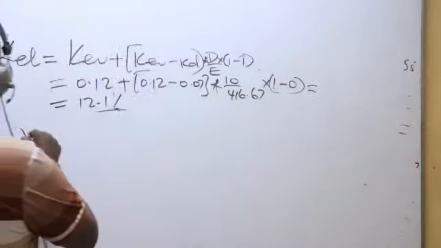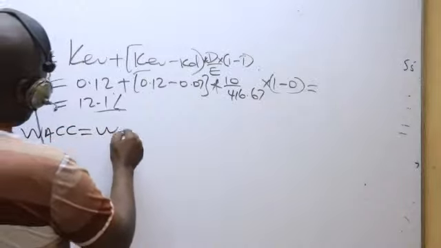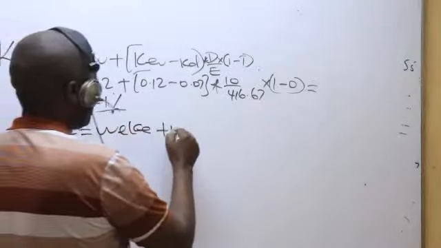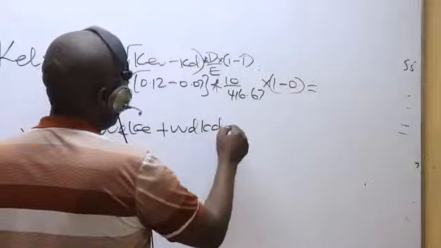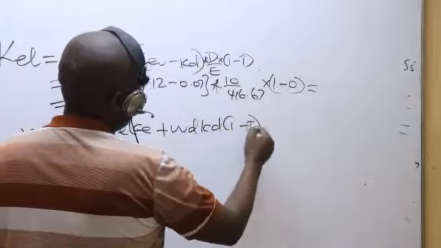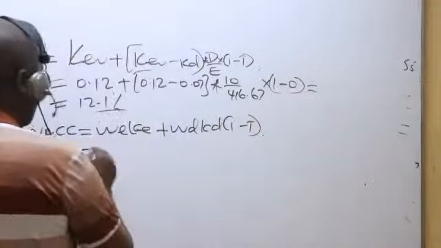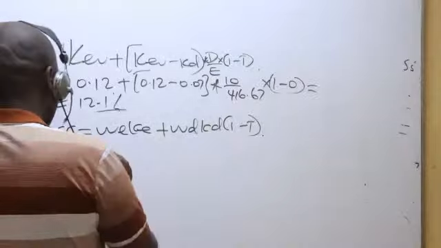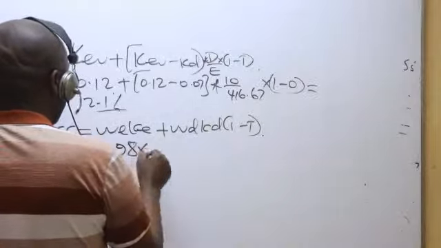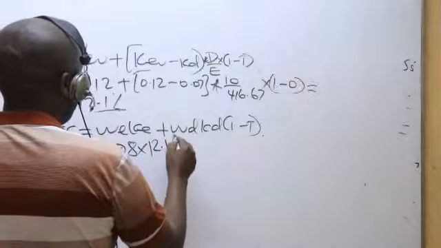So WACC equals weight of equity times cost of equity plus weight of debt times cost of debt after tax. So weight of equity, you did give me 0.98, times cost of equity, which is 12.1%.